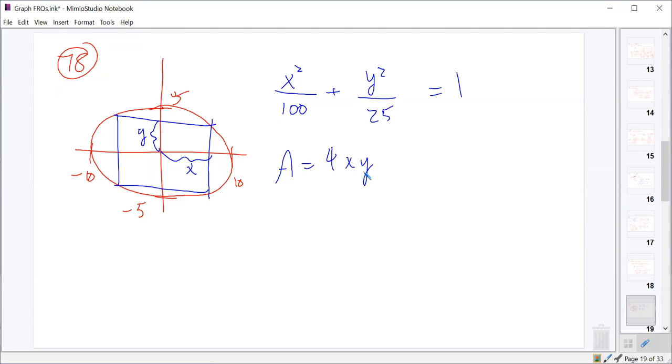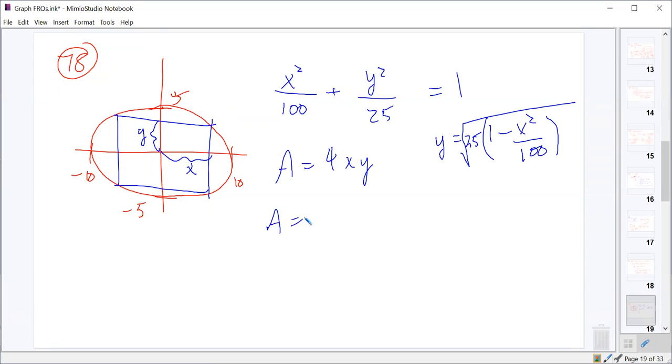So, I don't know, let's solve for y and put it all in terms of x, I guess. What did they ask for here? They just said the maximum area, so it doesn't really matter. So let's solve for y. So y is equal to 1 minus x squared over 100, times 25, square rooted.